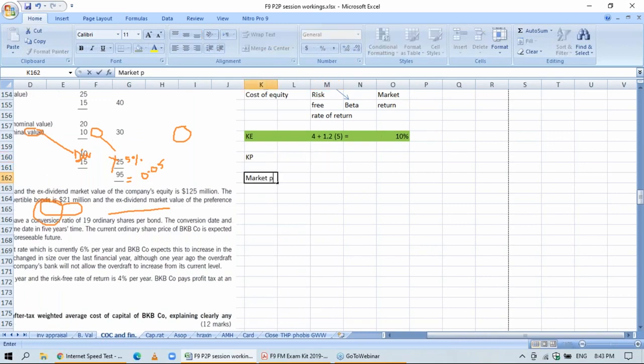So the market price of a preference share is 6.25 divided by 10. So this makes the market price equal to 0.625.